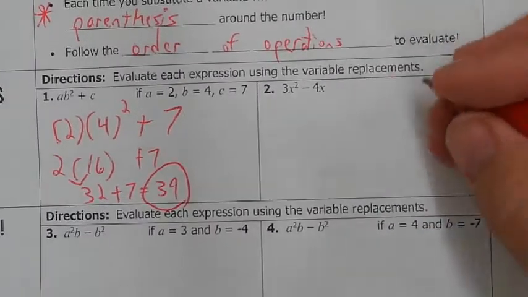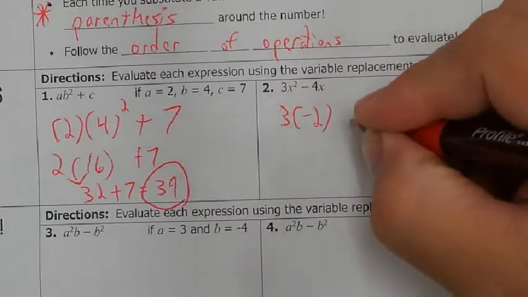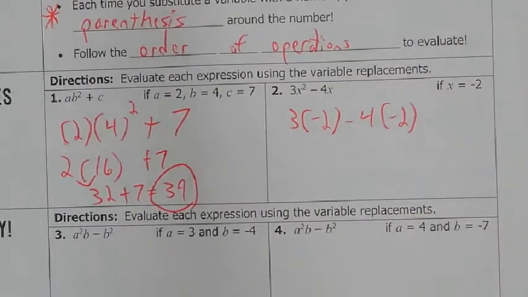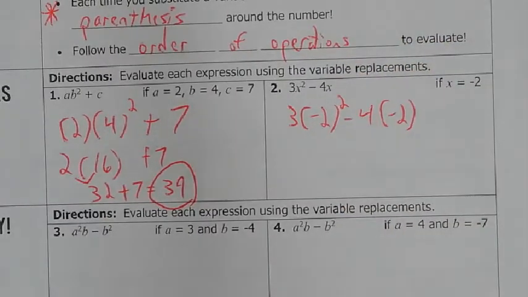All right, our next one. We're going to do 3 parenthesis negative 2 squared minus 4 parenthesis negative 2. The big thing on this, whenever you do that negative 2 squared, if you're going to use Desmos, you have to put parentheses around it. So, let me show you what I'm talking about.